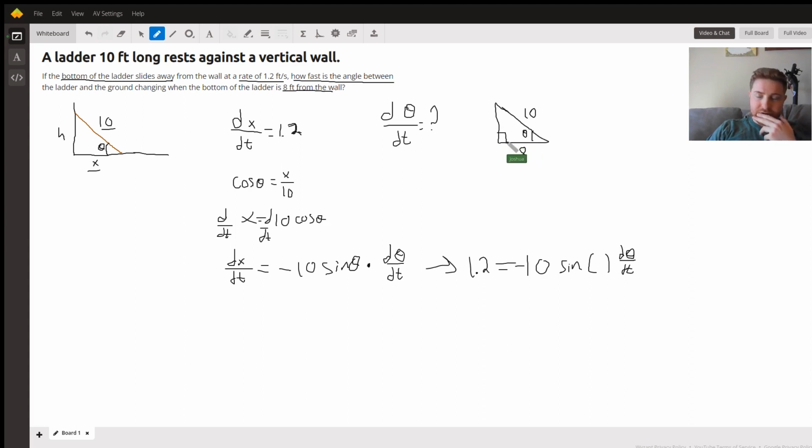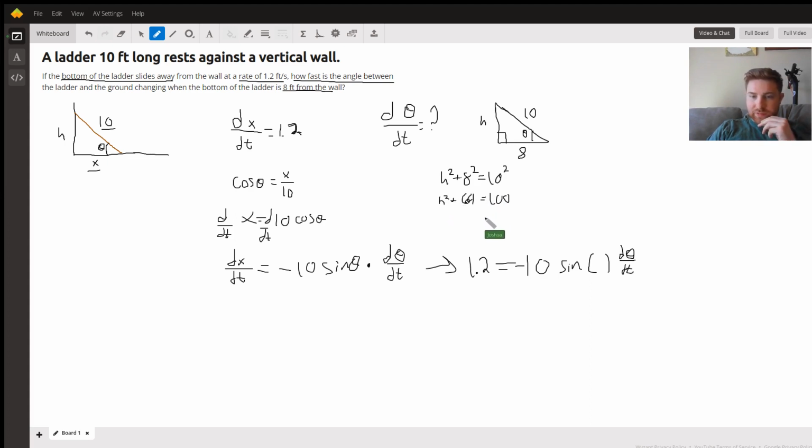This is a right triangle. Notice we can use the Pythagorean theorem. If we want to find this h at this specific time, we have h squared plus 8 squared equals 10 squared. So 64, and this is 100. We want to find h squared.